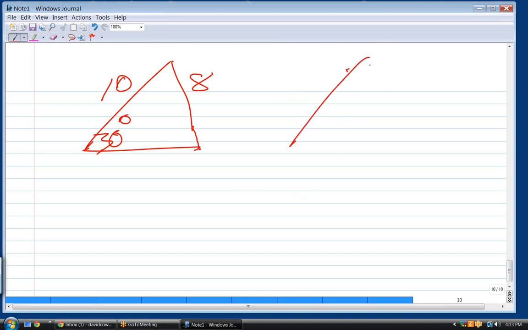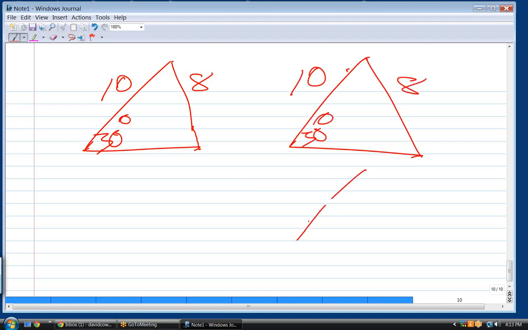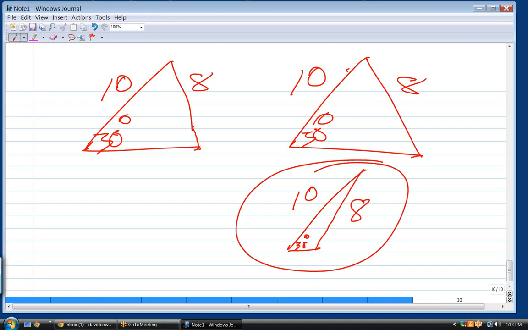You can have this triangle here, but you can also sometimes have this triangle here. And notice that nothing is different about this triangle. I still have 30 degrees, 10, and 8, just like I have in this triangle up here. But this is a different triangle. It's not the same triangle as this one.